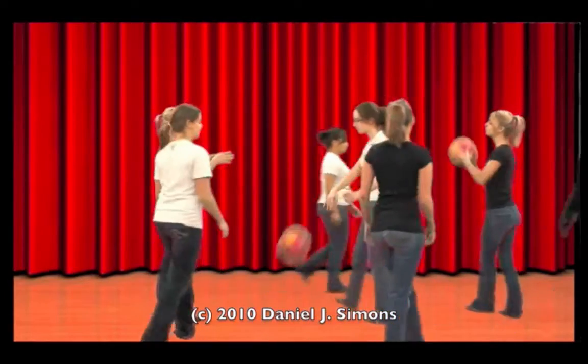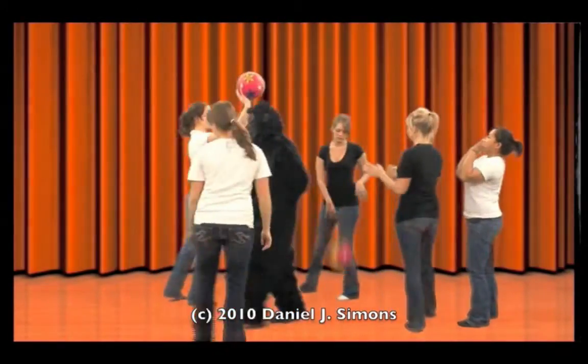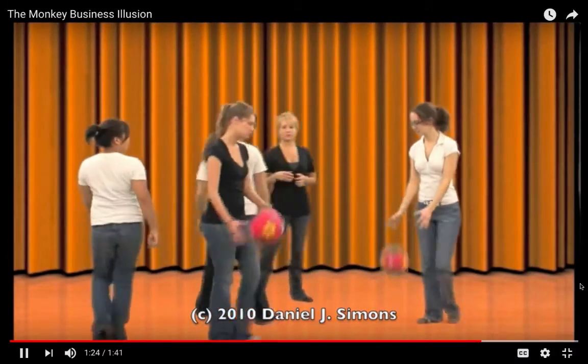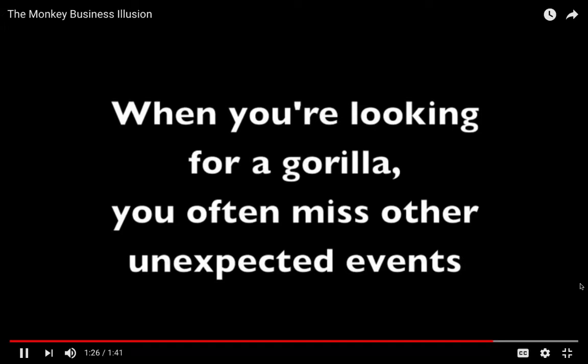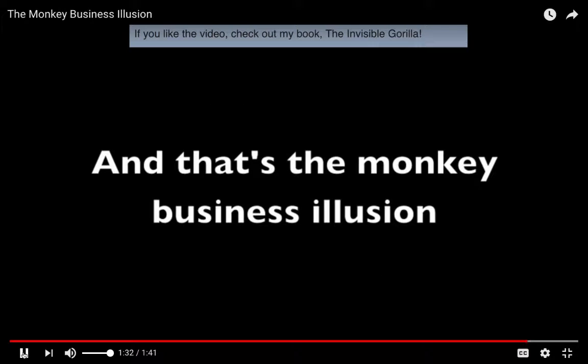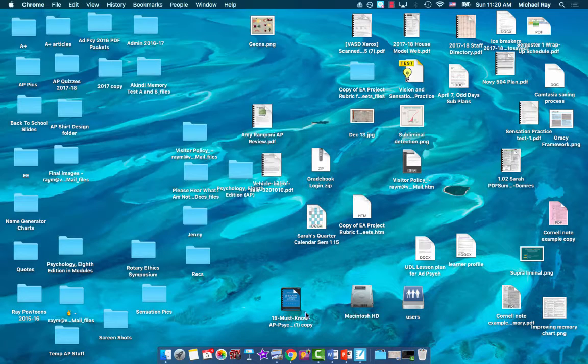Here comes the gorilla, and there goes a player, and the curtain is changing from red to gold. When you're looking for a gorilla, you often miss other unexpected events. And that's the monkey business illusion. Learn more about this illusion and the original.